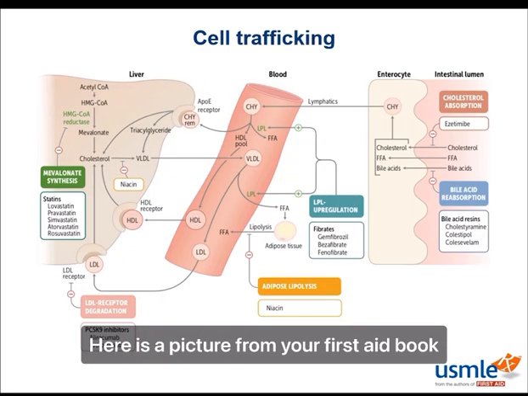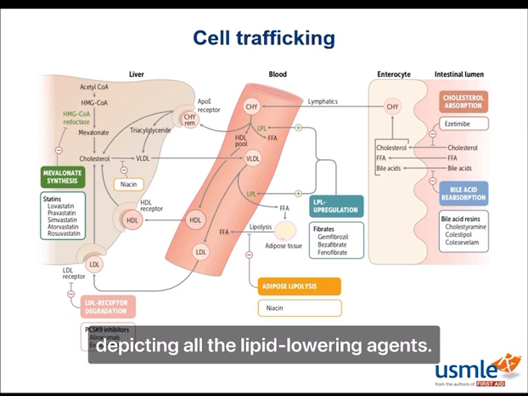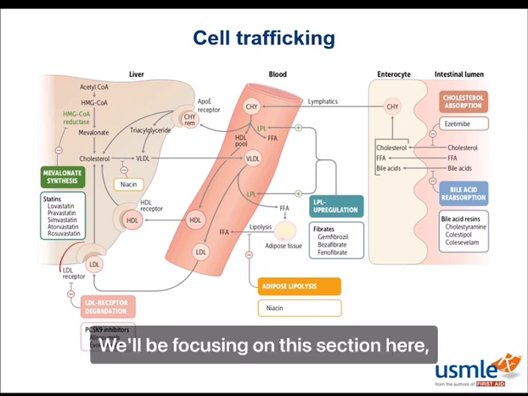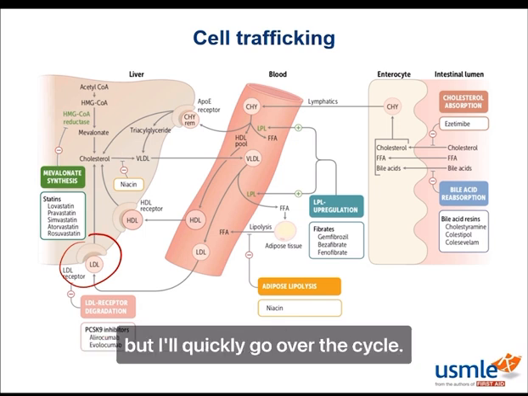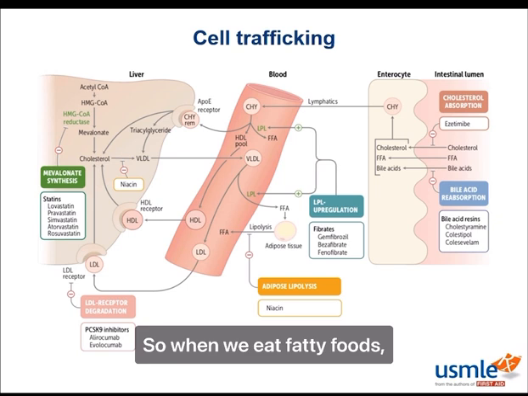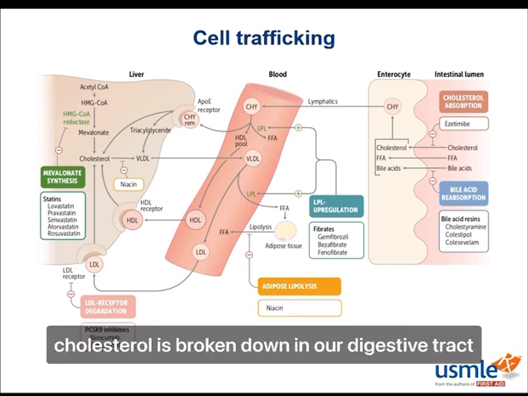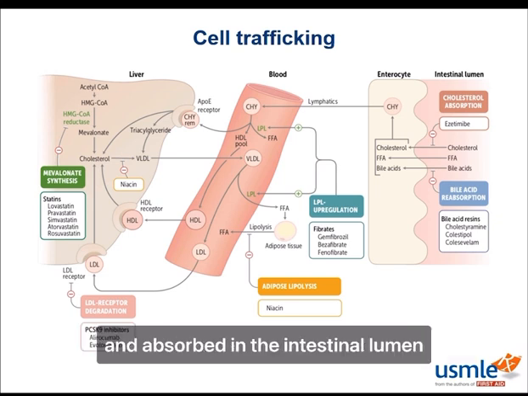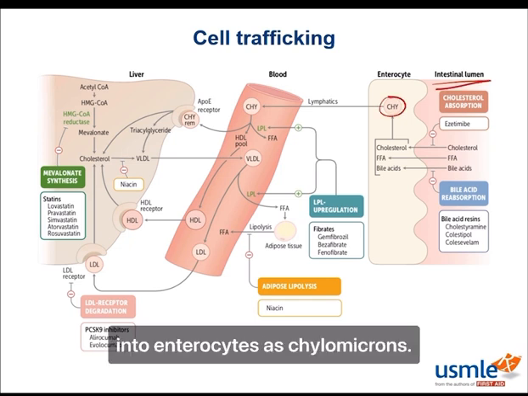Here's a picture from your First Aid book depicting all the lipid-lowering agents. We'll be focusing on this section here, but I'll quickly go over the cycle. So when we eat fatty foods, cholesterol is broken down in our digestive tract and absorbed in the intestinal lumen into enterocytes as chylomicrons.